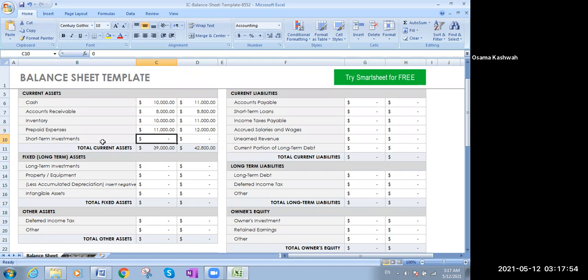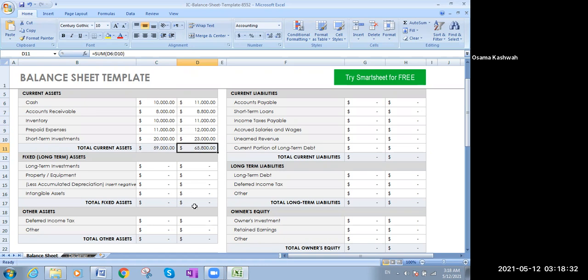Then here we have short-term investment, 20,000, and this is as an example 23,000. You will notice that the program itself calculated them. So 10,000 plus 8,000 plus 10,000 plus 11,000 plus 20,000, all this will be 59,000. Likewise, 11,000 plus 8,000 plus 11,000 plus 12,000 plus 23,000 will give me 65,000.